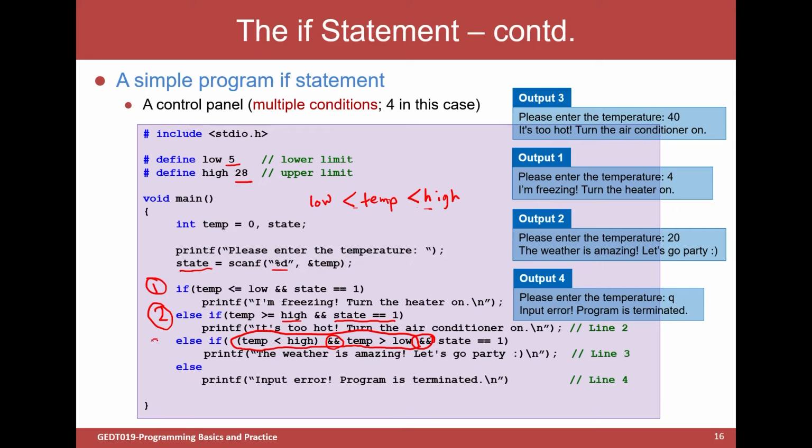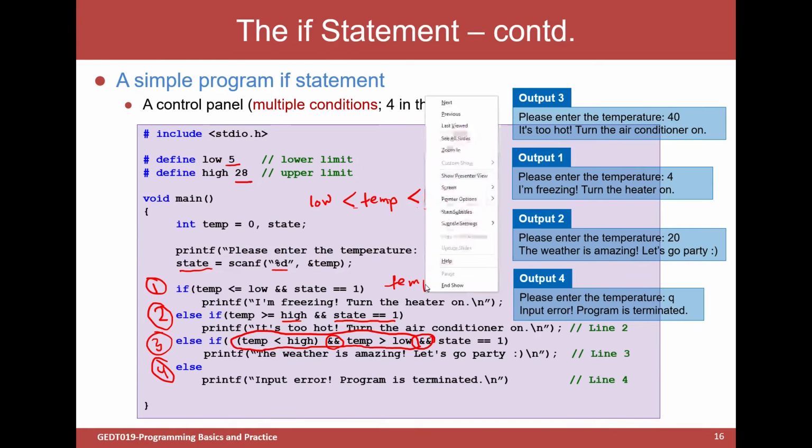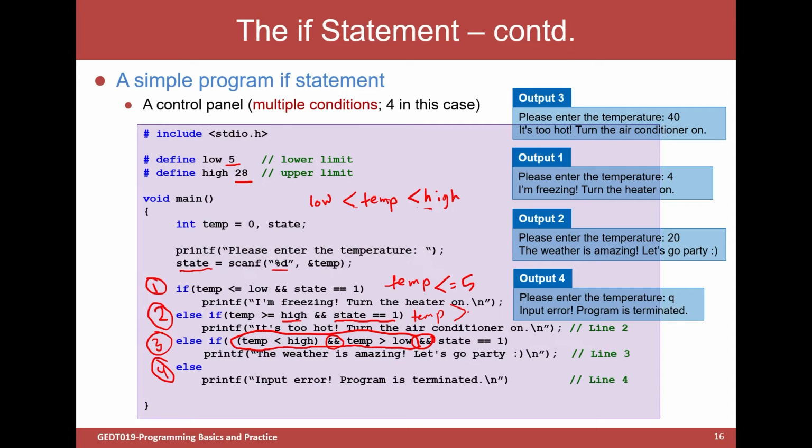Else, so this is situation number 3. Situation number 4, the last situation, is the else: maybe you are not inserting digits. So the state is not equal. So in math, we have the situation of temp less than or equal 5, another situation, temp more than or equal 28, and the situation of temperature between 28 and 5.